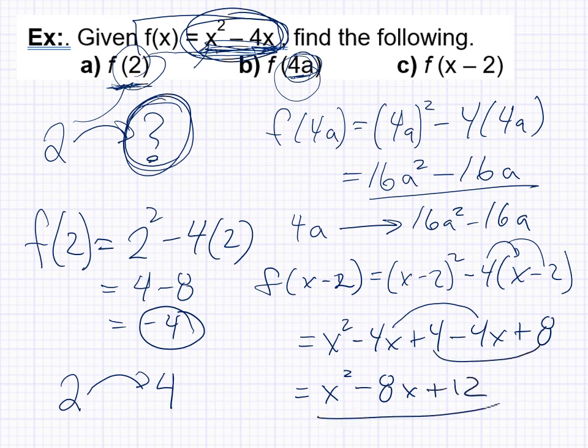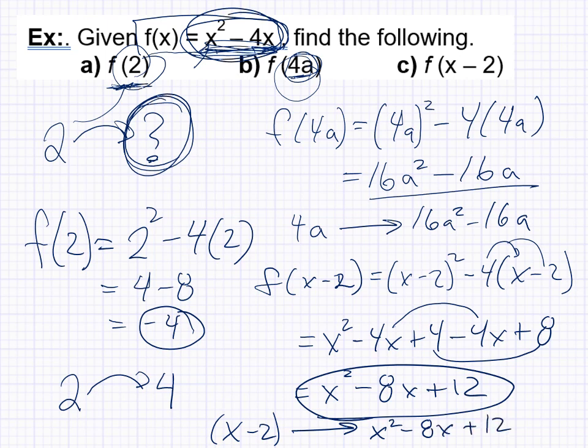Then there would be my output. So x minus 2 gets matched to x squared minus 8x plus 12. So no matter what you plug into the function tells you what to do with it. So that's a pretty simple concept we should be able to evaluate.